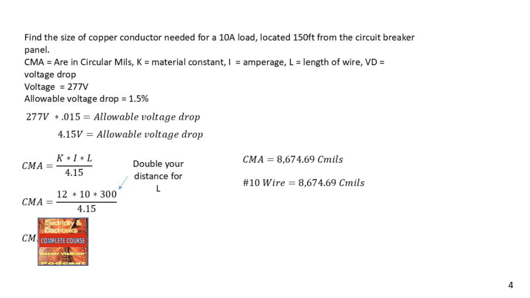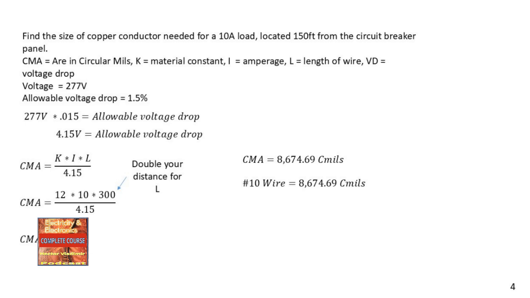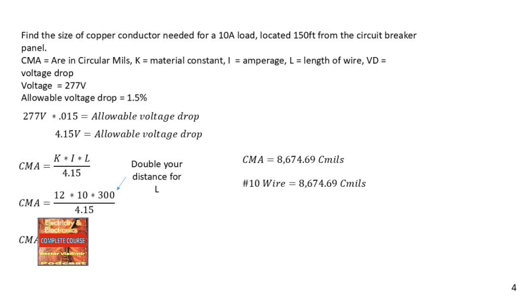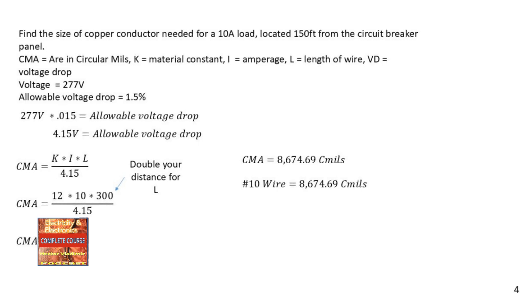Your voltage, in this case, is 277 volts, and the allowable voltage drop will make it 1.5%. Again, typically we're looking at 3.0%, but we'll make it 1.5% in this case. The lower the better. We have 277 volts, and we want to drop no more than 1.5%.